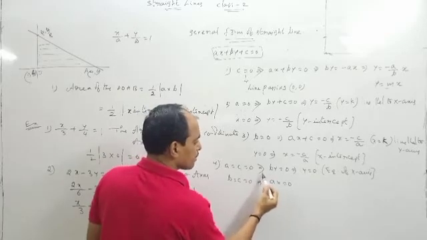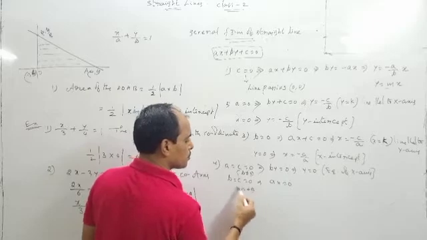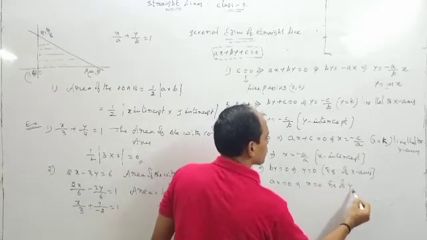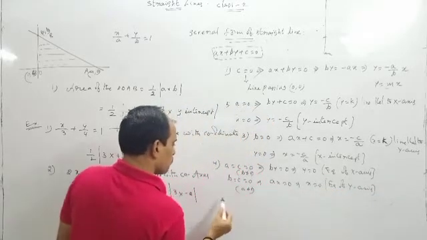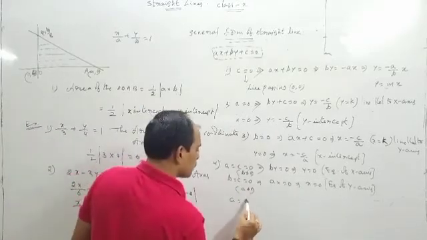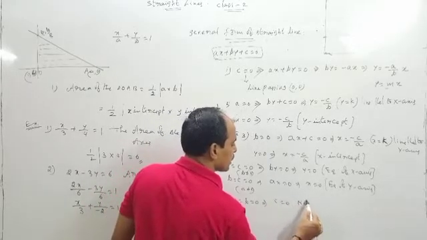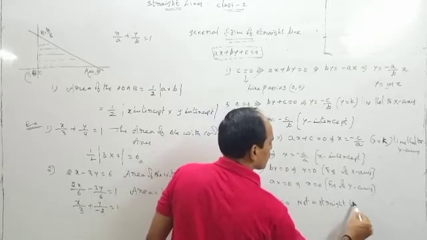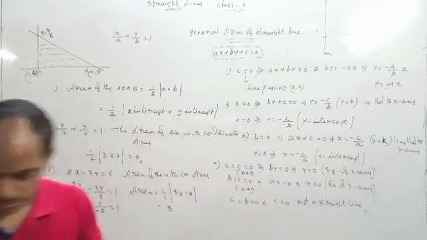Remember here b is not equal to 0, here a is not equal to 0. Now x is equal to 0, equation of y axis. But in the case a is equal to 0, b is equal to 0, that means a is equal to b is equal to 0 means c is equal to 0, not a straight line. So these are the few points, just write them down and take.